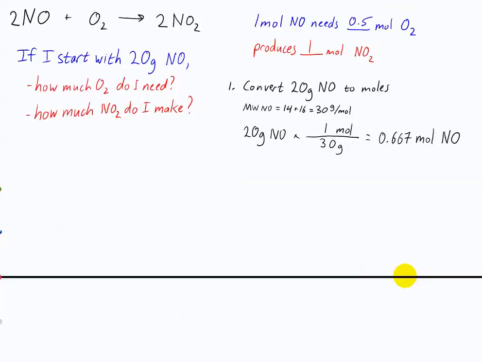All right. Now we know how many moles of NO we started with. We didn't start with 2, which is what the equation says. We didn't start with 1, which was what our little practice thing above says. We start with 0.667.